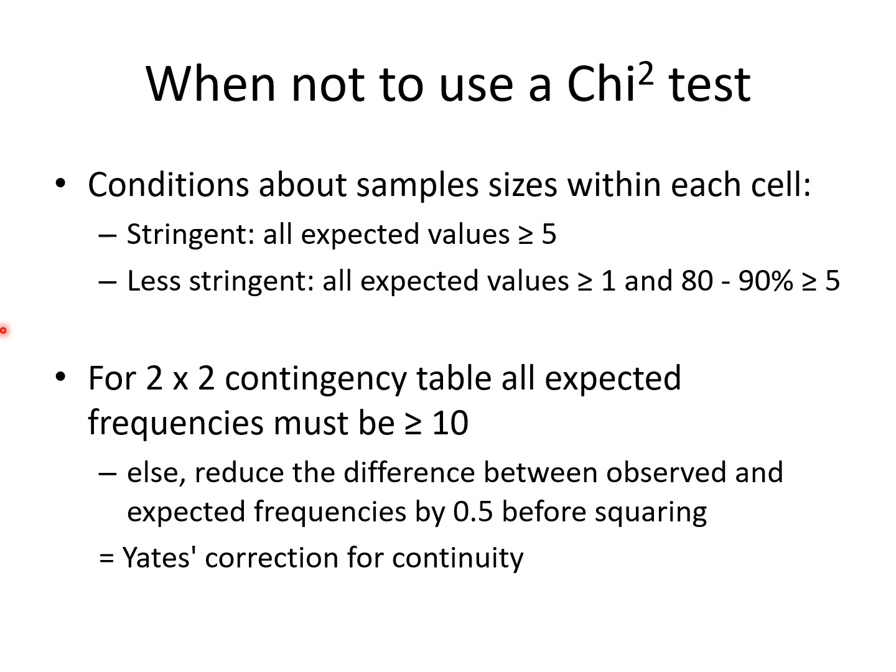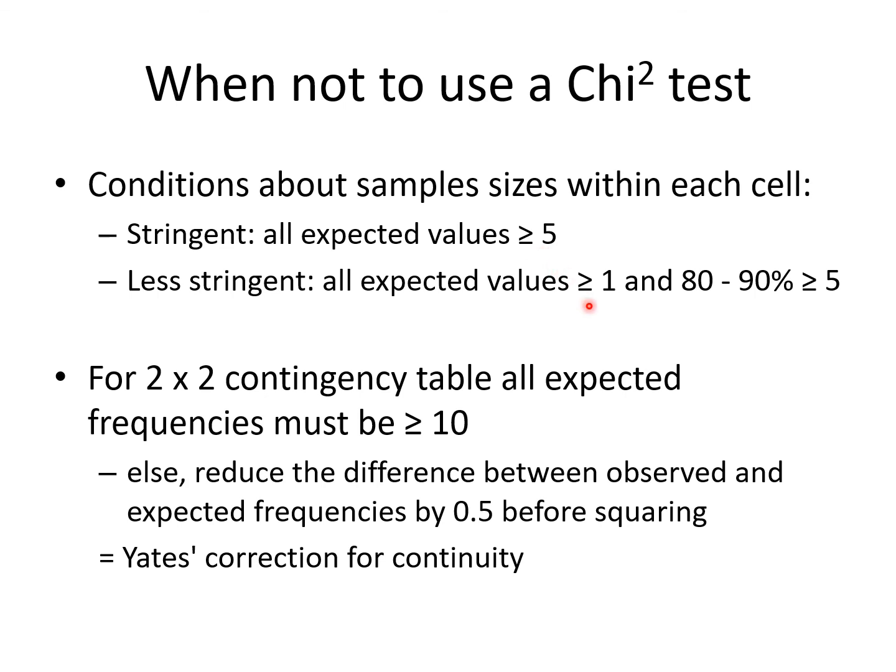Okay? So there are lots of different rules of thumb about how many observations you need, but the simplest ones could be summarized as saying you need to have roughly a value of 5 in each of your categories for expected values. There are other less strict rules.